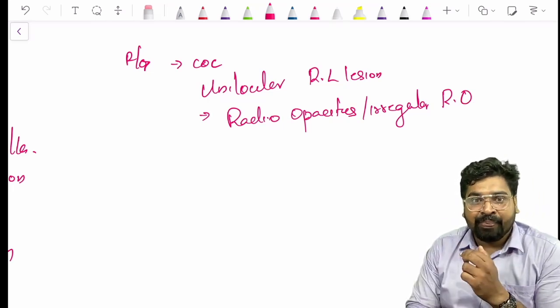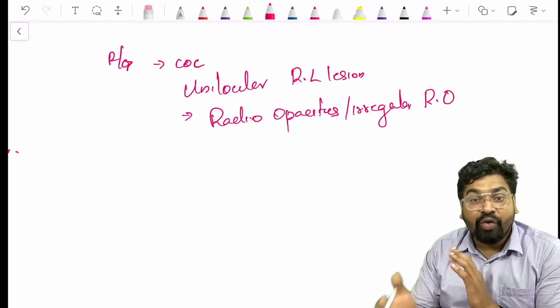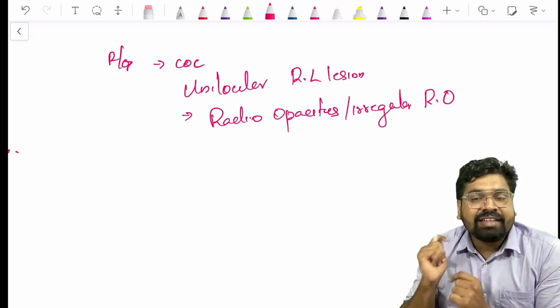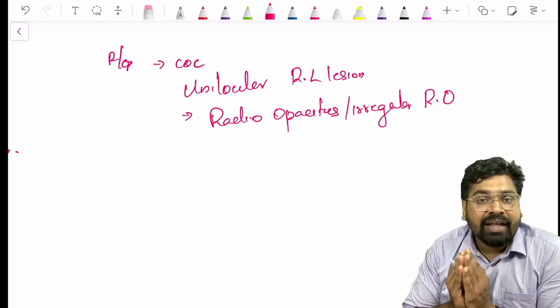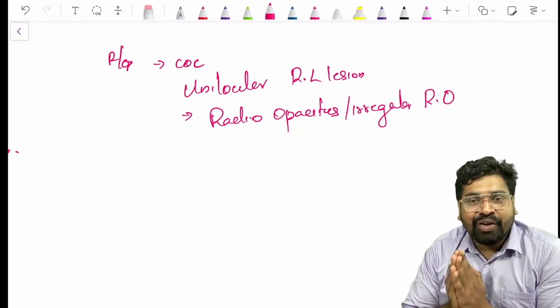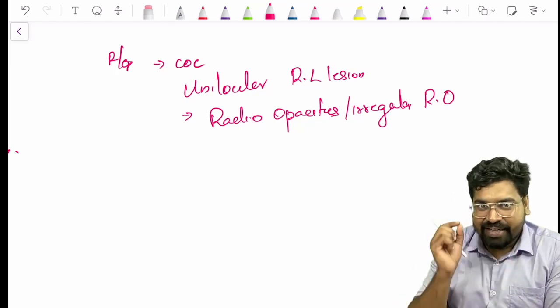That's why we say it is a radio opaque lesion along with the radiolucent lesion. Now, where are these radio opacities coming from? The calcifications. Calcifications appear radio opaque in a radiograph. So, from the name, we can say it is a radiolucent lesion with radio opacities.